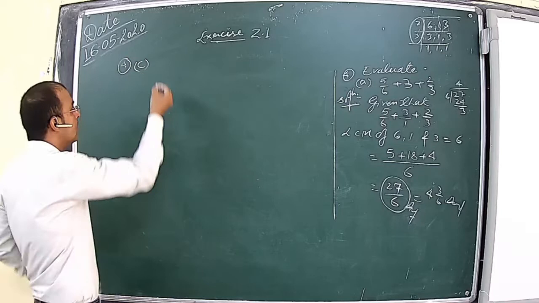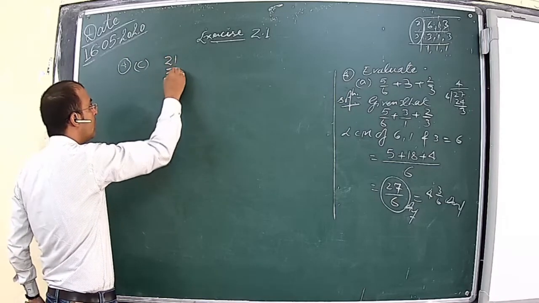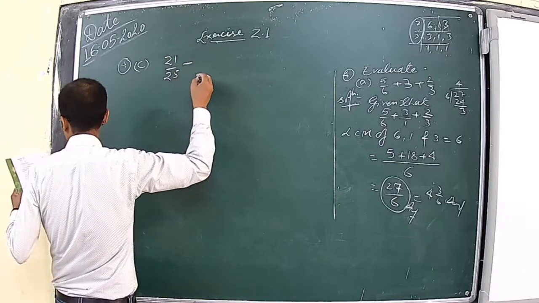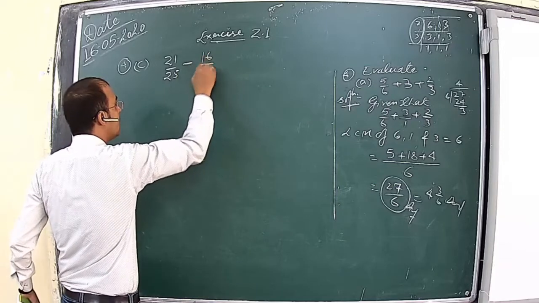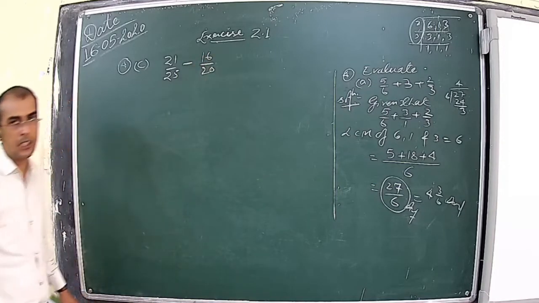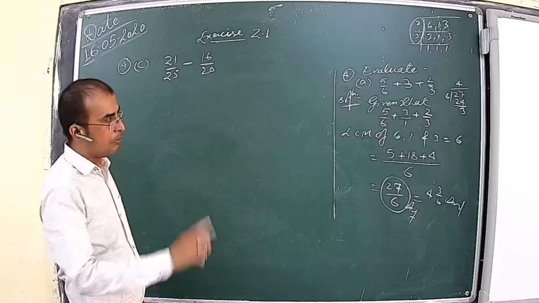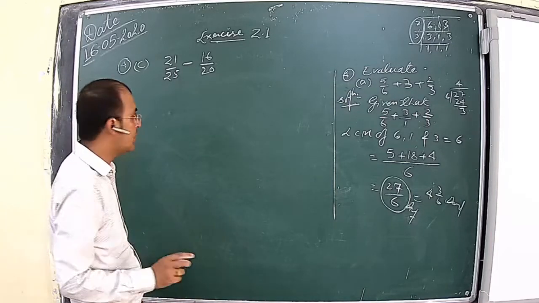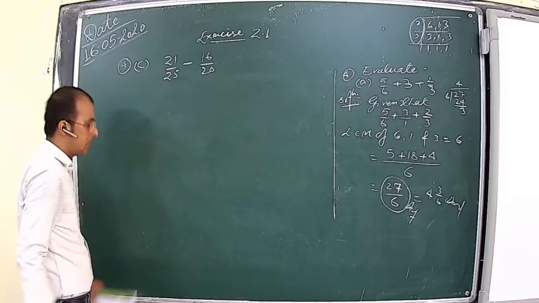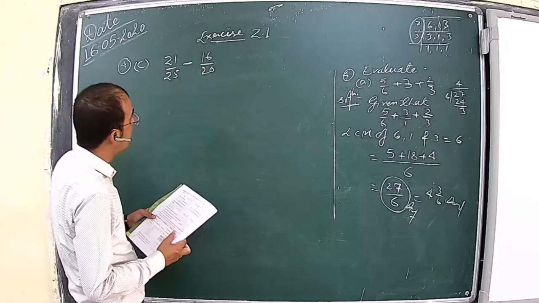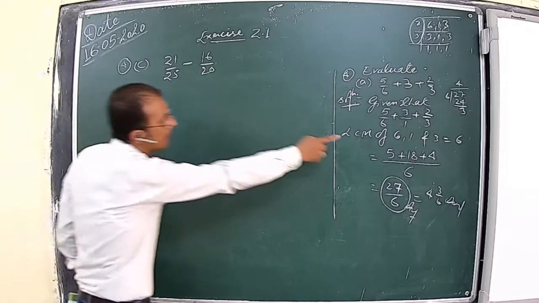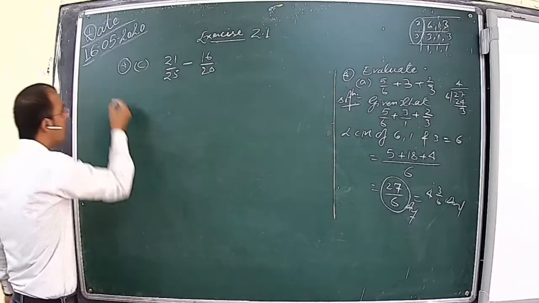What is this? 21 upon 25 minus 16 upon 20. Is it clear? This is a subtraction, that's why I am taking the B part and D part. You will solve. I am going to solve this question, 21 upon 25 minus 16 upon 20, by the same method. So what will be the solution?